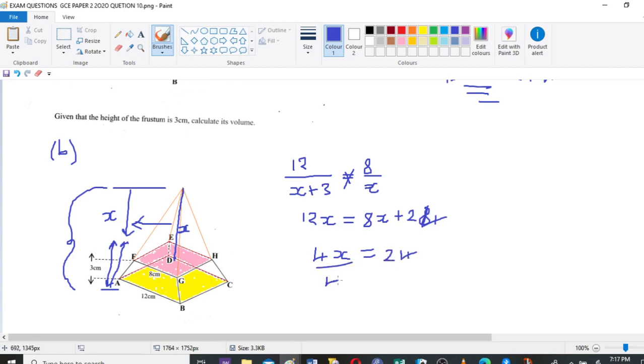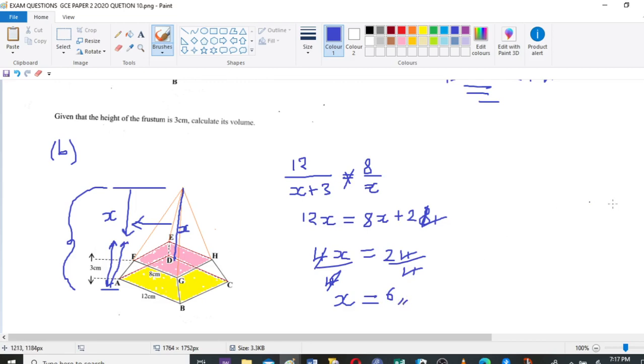Dividing through by 4, we get the value of x to be 6. You should be able to get 6 as the value of x, isn't it?